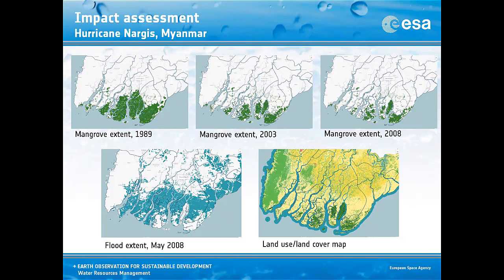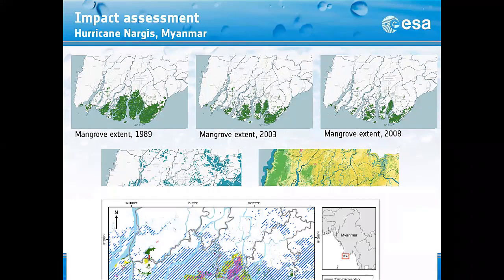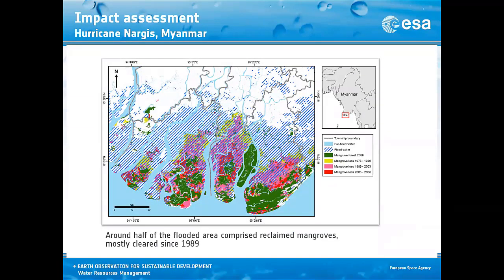By using historical data, we mapped the changes in mangroves over the past 20-plus years, and when overlaying this with a satellite-derived flood map, and also including detailed information about the land use in the delta, we could show that around half of the flooded area comprised reclaimed mangroves, mostly cleared since 1989.